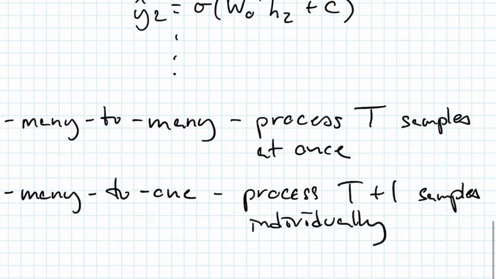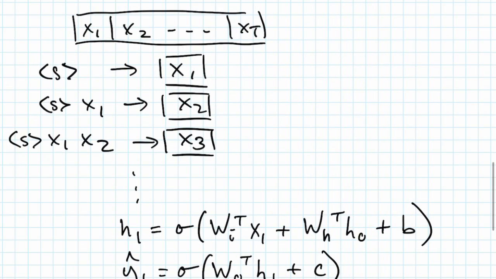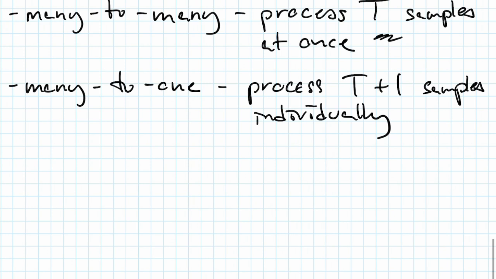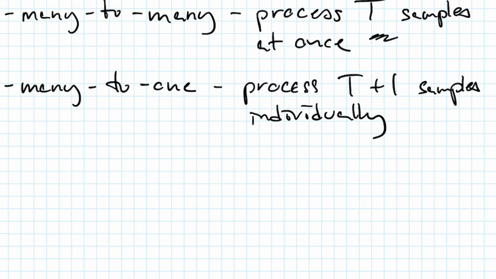Okay, and another thing to think about is that when you process these samples, it's actually not just a linear increase. So for these T samples, suppose that the model takes order T time to process.